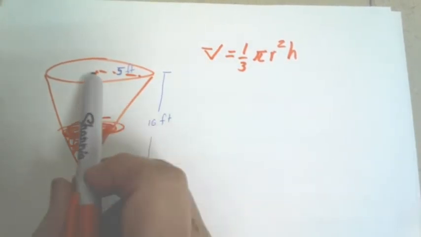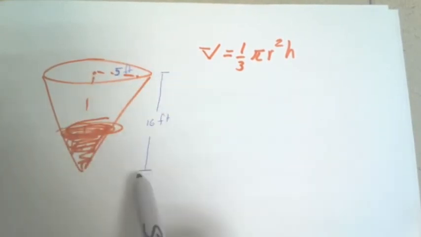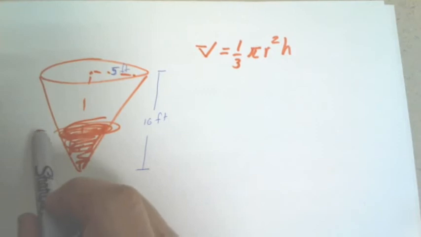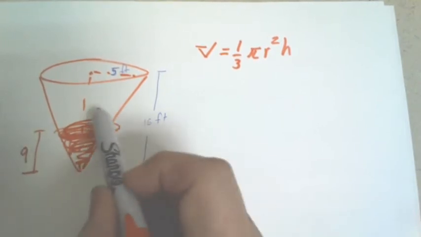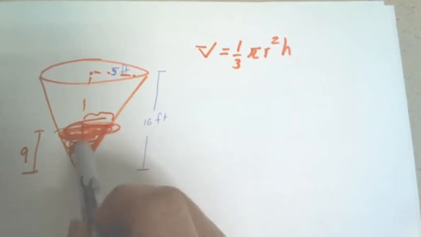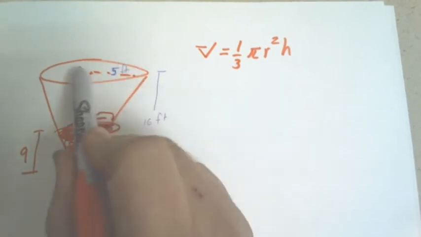Now, you're given that the overall cone is 5 feet by 16 feet. Well, that's what I have in my problem. Some of the different problems change it. And you're asked how much volume is in the tank when this is down to 9 feet. Well, the triangle that's right here and the big triangle here have the same proportions.